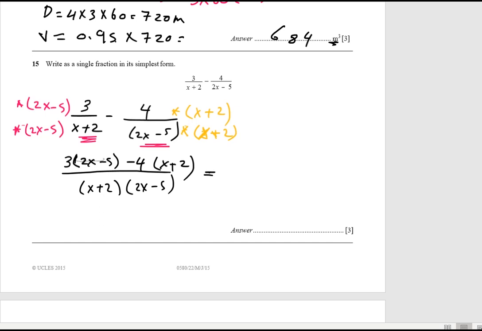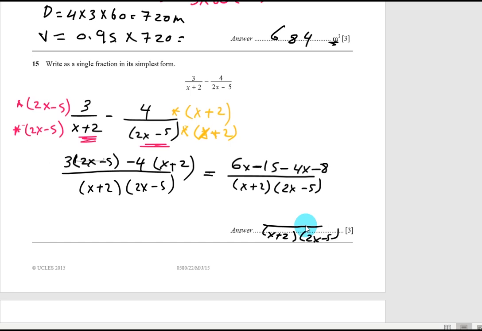This will equal 6x minus 15 minus 4x minus 8, over x plus 2 multiplied by 2x minus 5. At the top here will be 6x minus 4x, 2x, and minus 15 minus 8 will be minus 23. This is your final answer.